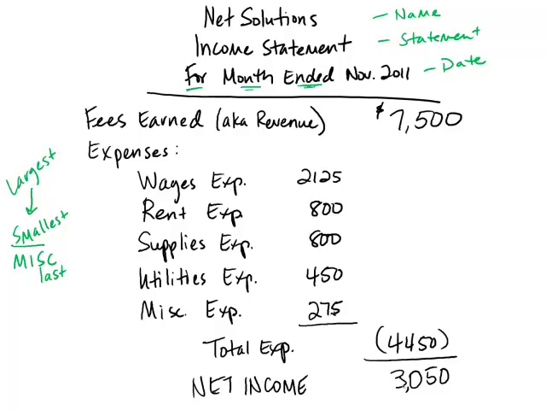These financial statements, by the way, are on page 17. I forgot that they were in this chapter. So we can check ourselves. 3,050. Okay, so we got fees earned minus expenses. So revenues minus expenses gives us net income of 3,050. And we've got to remember that number because we're going to use it on the statement of owner's equity.